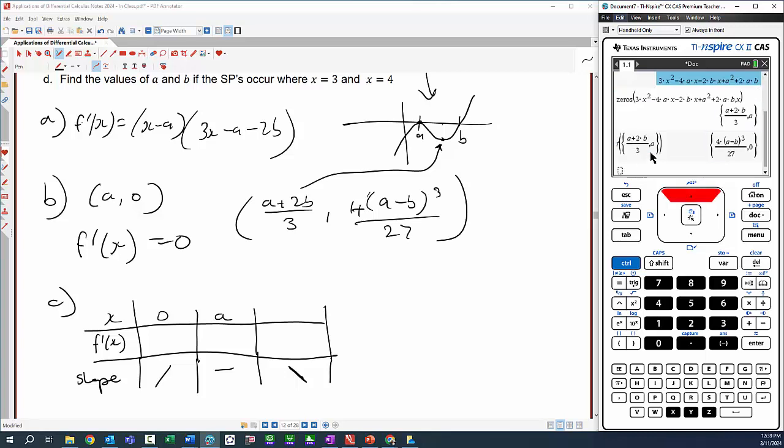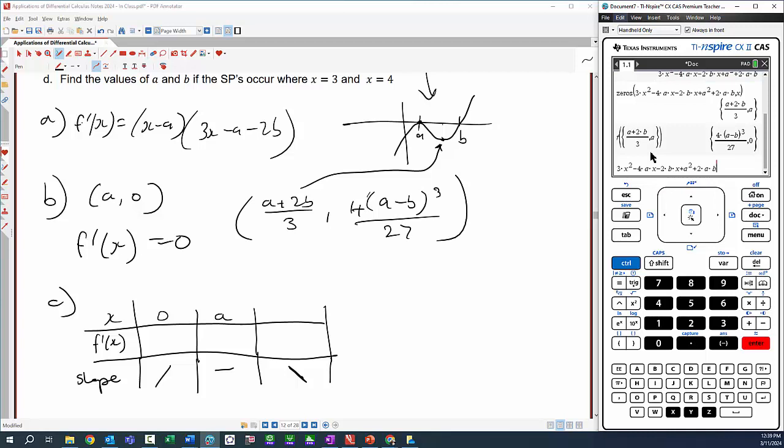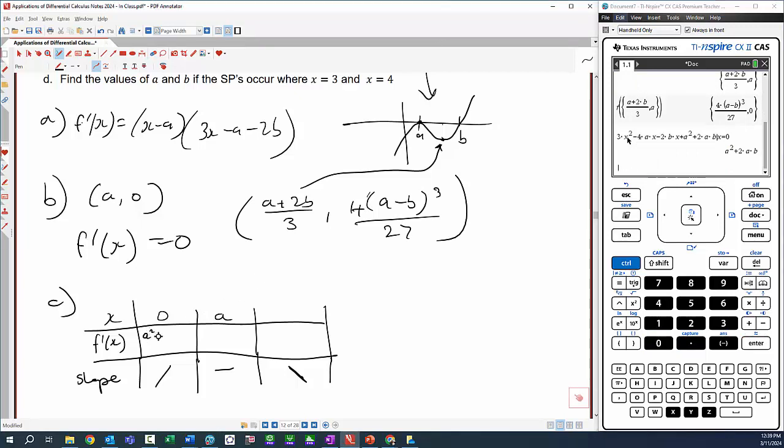So the first thing I think we do is we grab the gradient function and evaluate it with x equal 0. And it says that the gradient is a squared plus 2ab. Okay, now how do I know that that's positive?